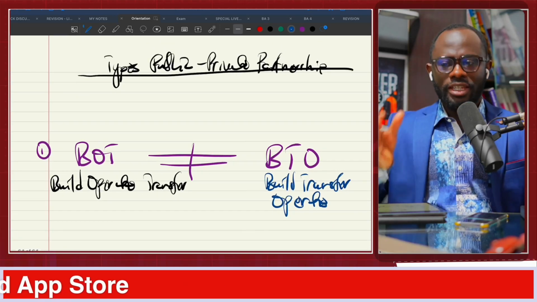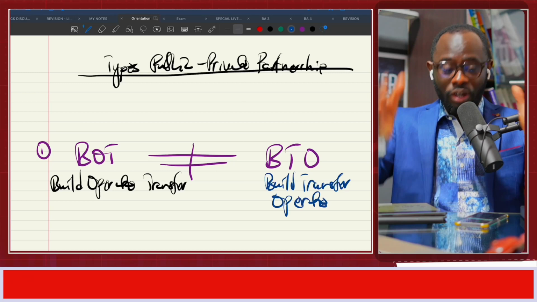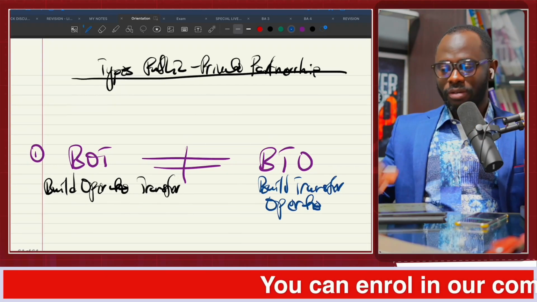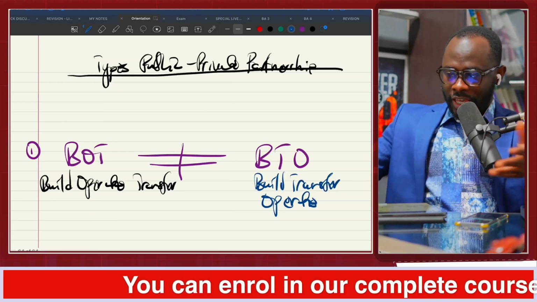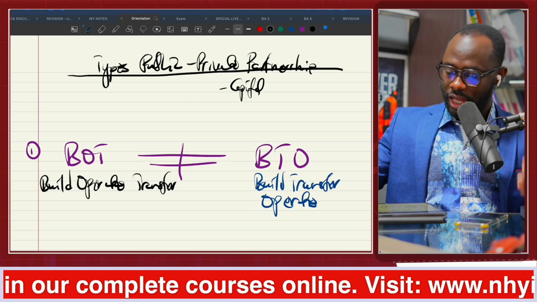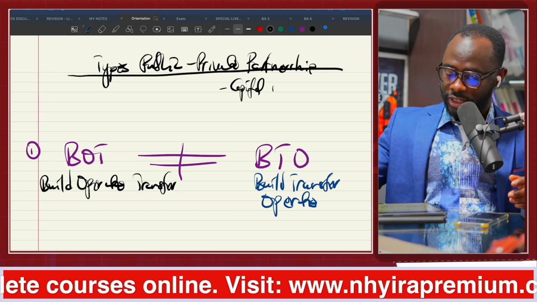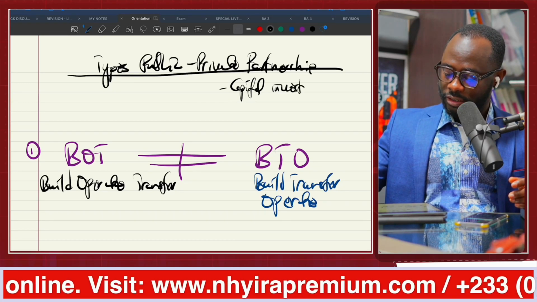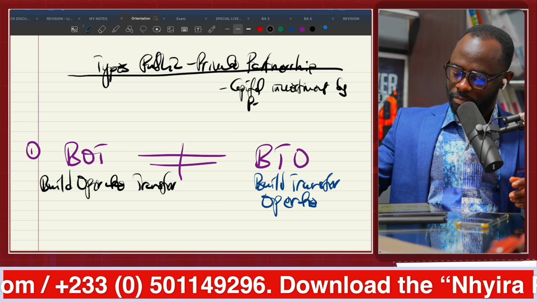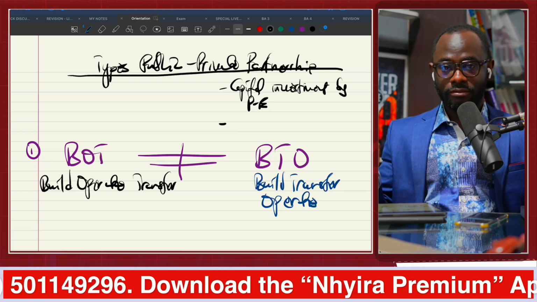Now, what are these about? They are types of PPP. So, you know, a private sector is bringing in something and the public sector is bringing in something. But what are they about? In either case, what happens is that capital is going to be invested by the private entity. So, capital investment by the private entity in both cases.